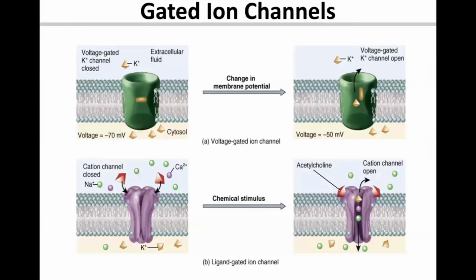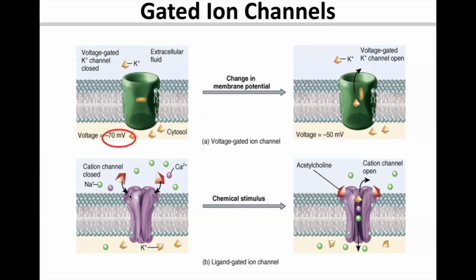There are voltage gated sodium channels and voltage gated potassium channels. So the first one is potassium. You can see there are gates that can open and close as required for the potassium.